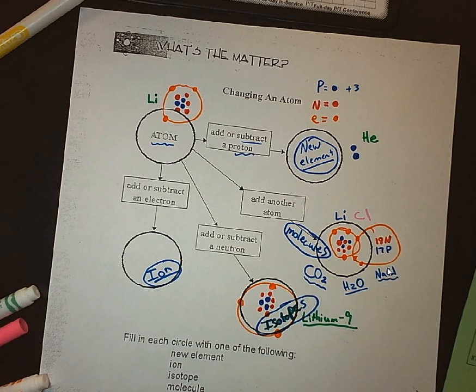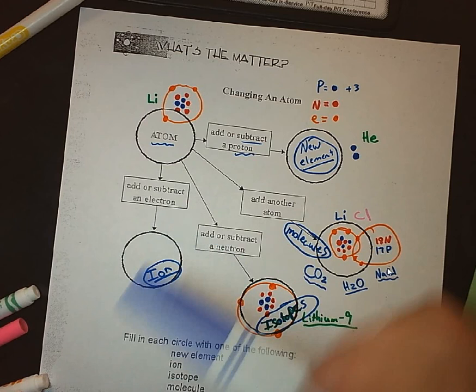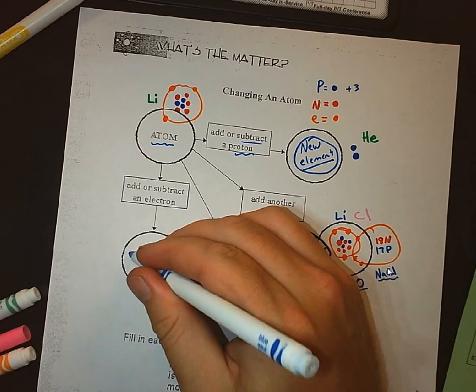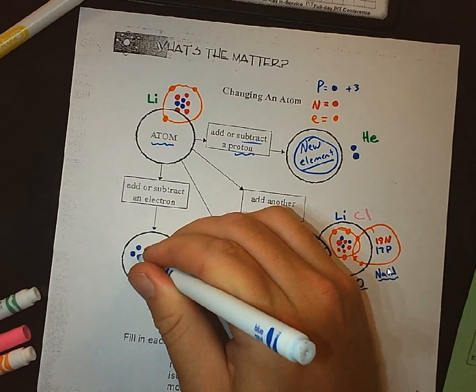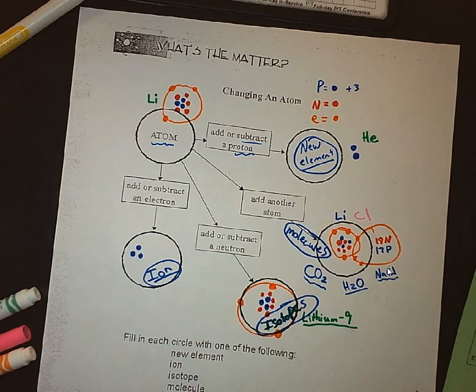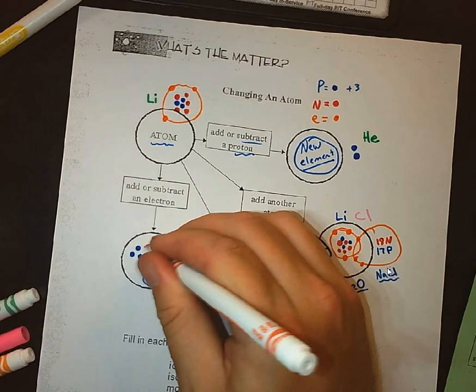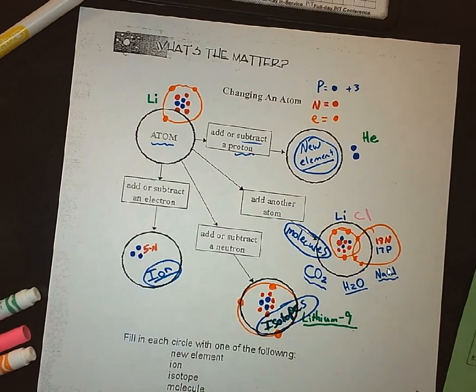An ion is when we add or subtract an electron. So let's just do an example. Let's say we have lithium. We have our 3 positives. We're also going to say that we have our 5 neutrons. That's our nucleus.